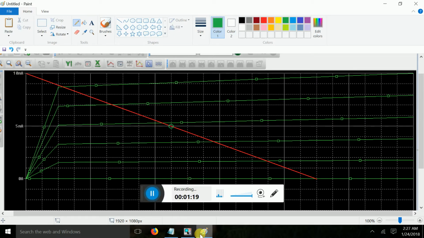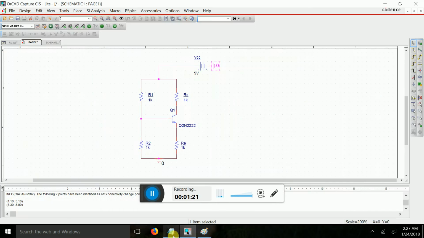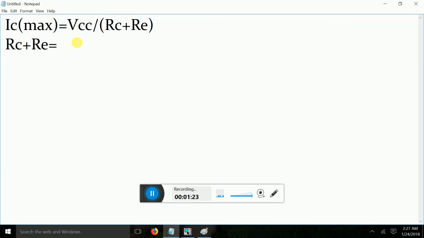Now as you know, IC max is equal to VCC by RC plus RE, so you can find RC plus RE equals 900 ohms.